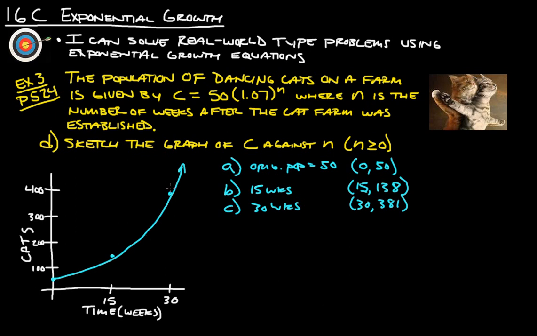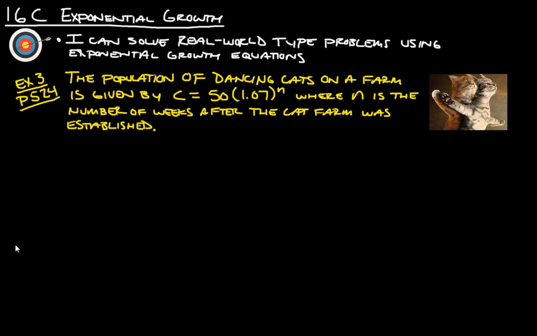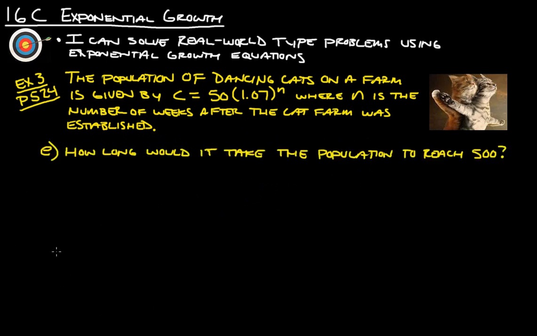That's what the graph is going to look like. At 50 weeks, you're going to have thousands of cats probably. Anyway, let's take a look at our last question: how long would it take the population to reach 500?